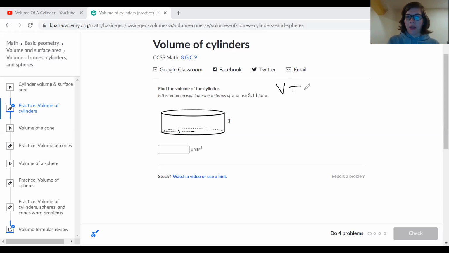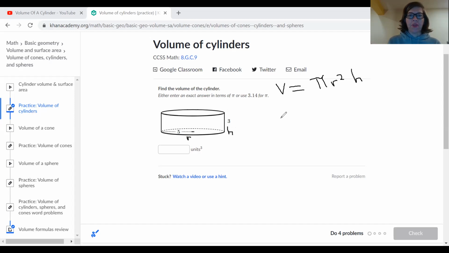V equals pi times r squared times height. It might be helpful to label where the radius r and the height h are on your cylinder. So this is your radius, because remember both ends are a circle, and 3 would be your height.